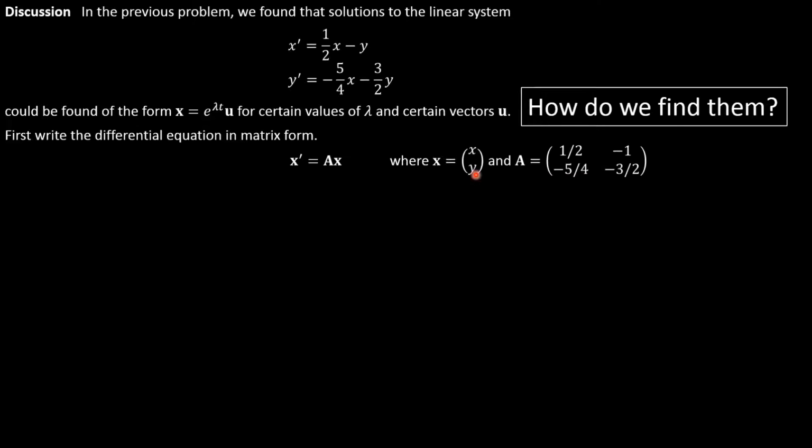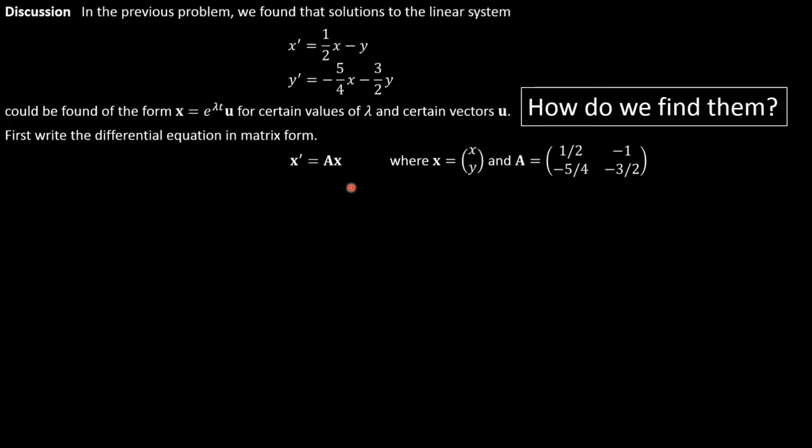And if you're not familiar or you've forgotten about matrix multiplication, we're going to be doing an entire video on it following this. But for now, you can take my word for it that this notation means these equations, just in a more compact form.